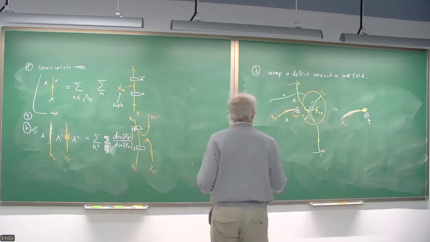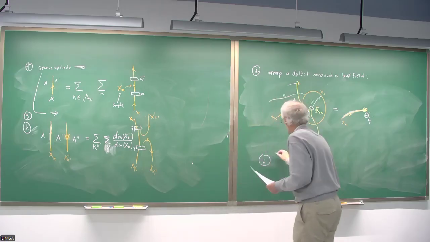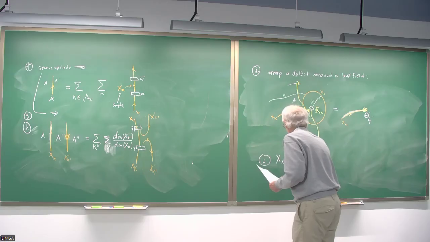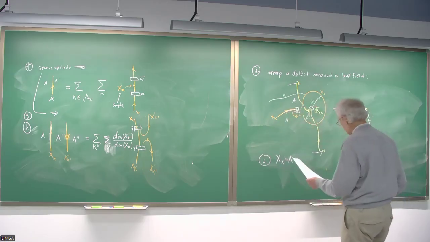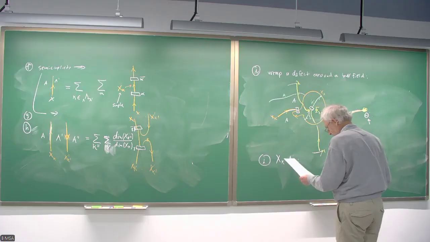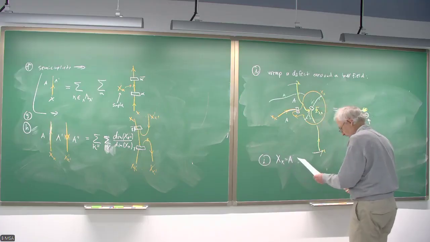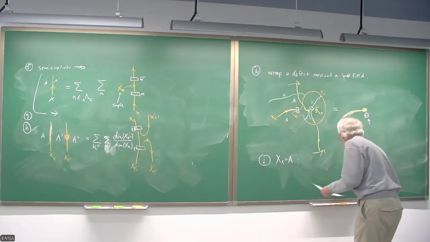And as a special case of that, let's assume that X kappa is just an invisible defect A, so this line goes away. Then you get the situation of the following type.